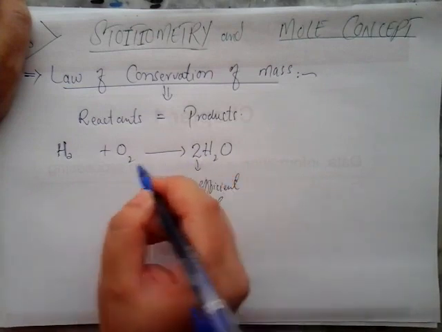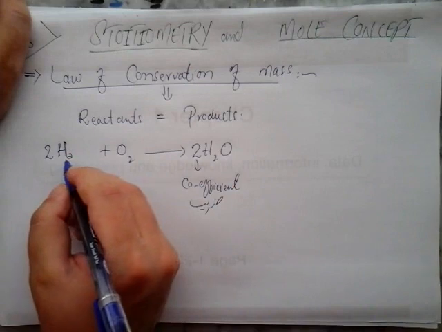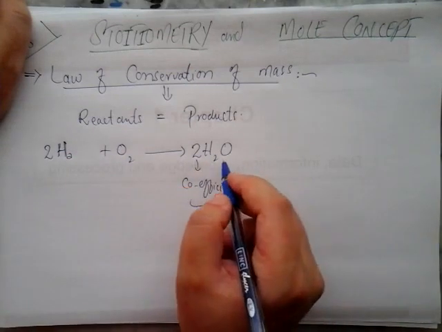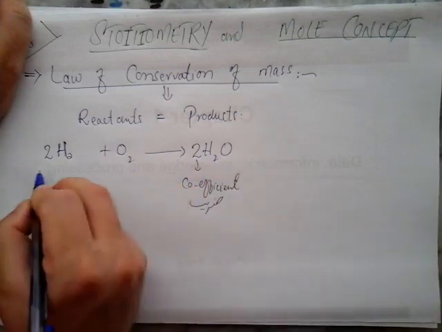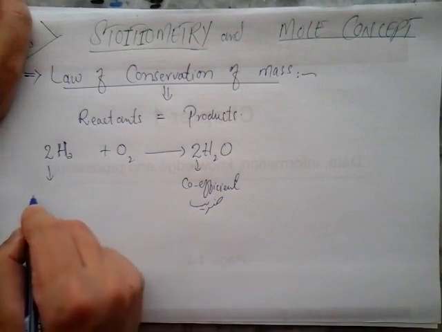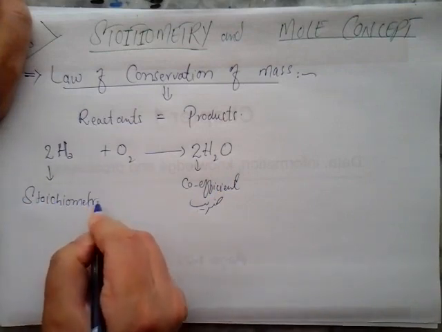Now if you see, 2 molecules of hydrogen react with one molecule of oxygen, and as a result 2 molecules of water will form. Okay, so this is called stoichiometric coefficient.